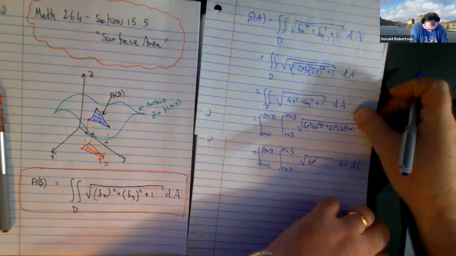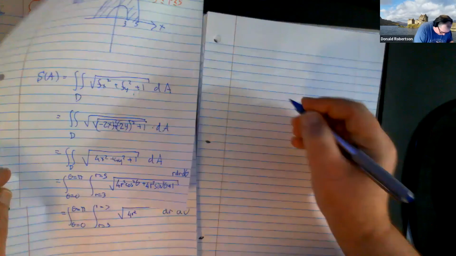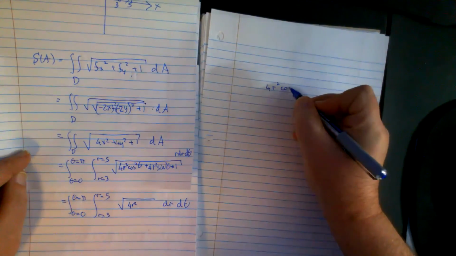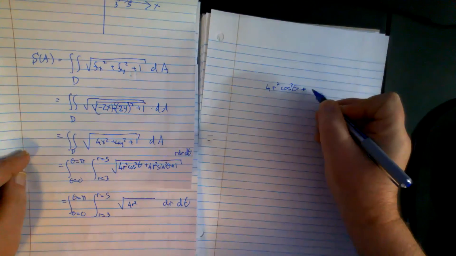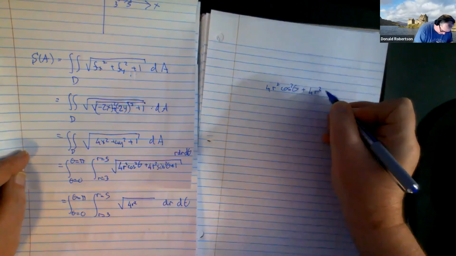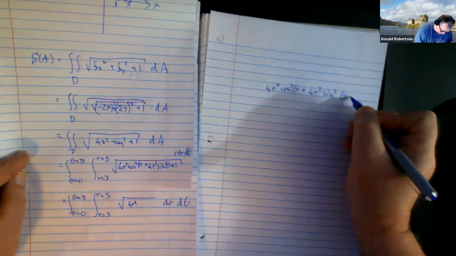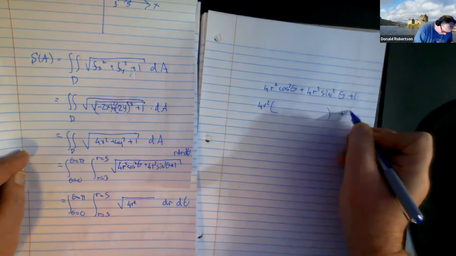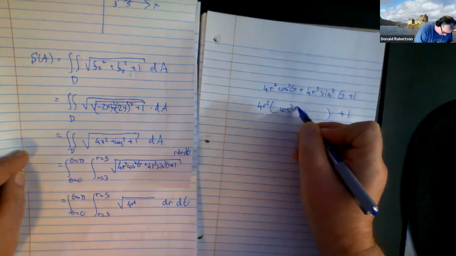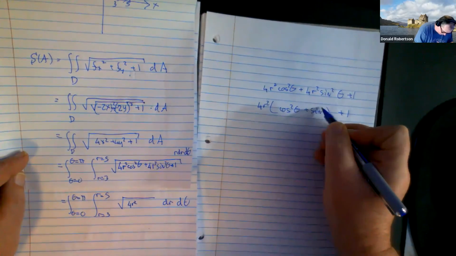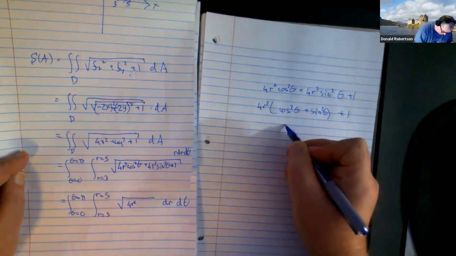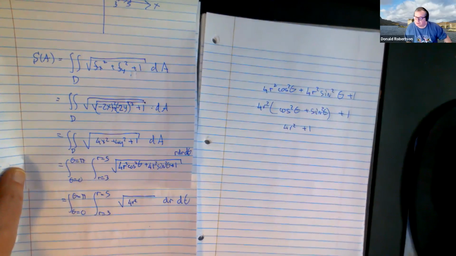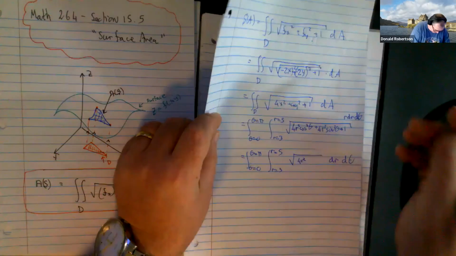I'll write it at the side. There'd still be the plus 1. Yeah, there'll still be a plus 1, you're right. So I'm pulling out 4r squared, and I'm leaving those two terms. Those are 1. There, do you see it's not 8, but 4? We good? But it's worth checking with me, as you know.